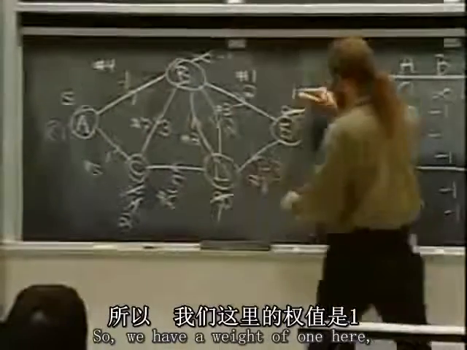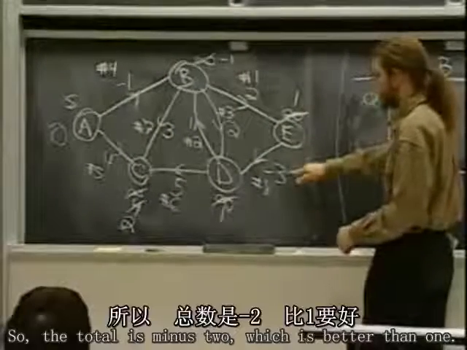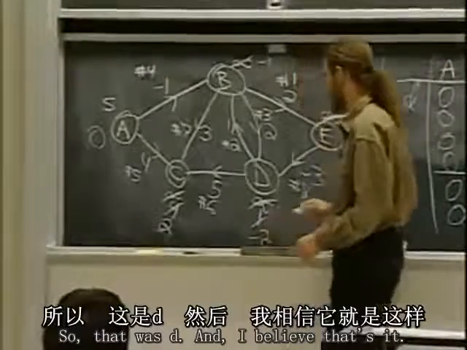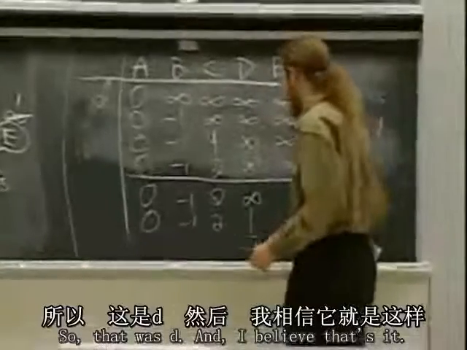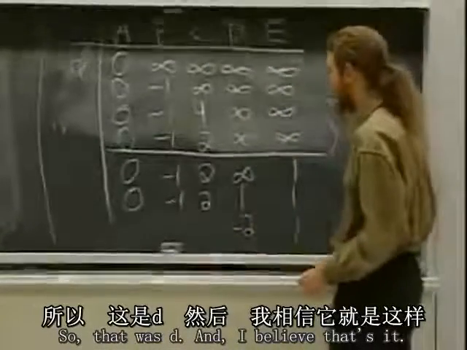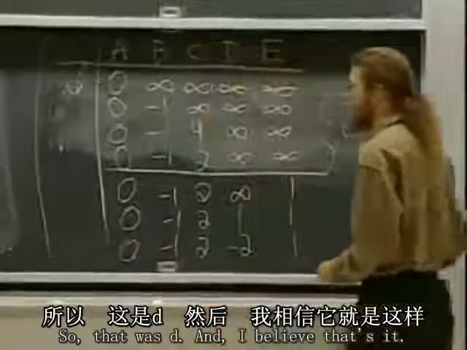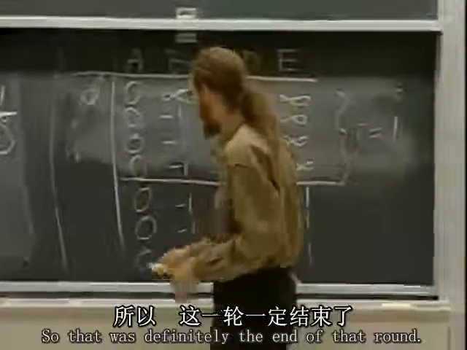So we have a weight of 1 here, a weight of minus 3 here, so the total is minus 2, which is better than 1. So that was D. And I believe that's it. So that was definitely the end of that round.